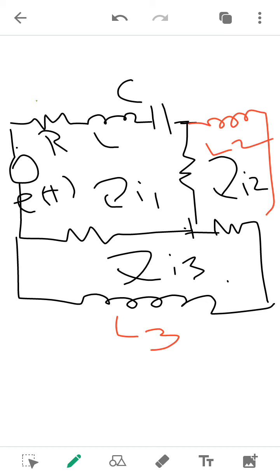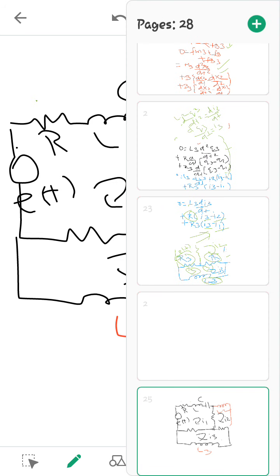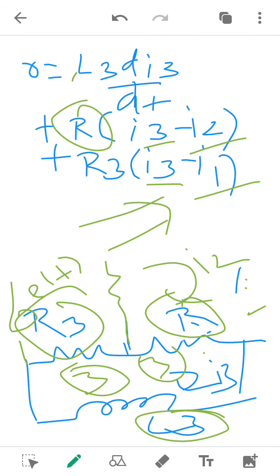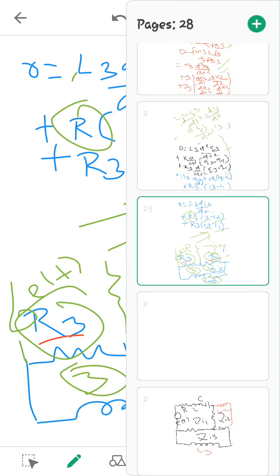So this is my L2, L3, and let me check with the diagram one more time. Here I am having R3, R. Let me draw that.